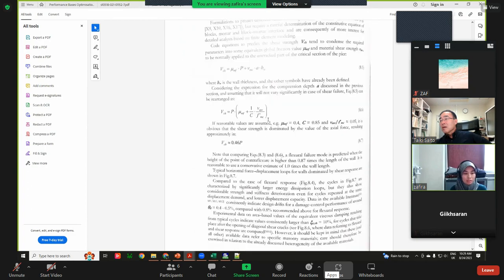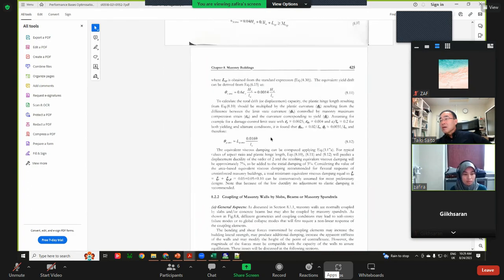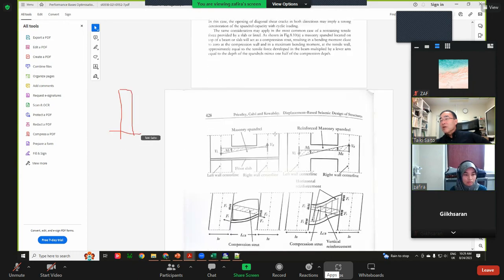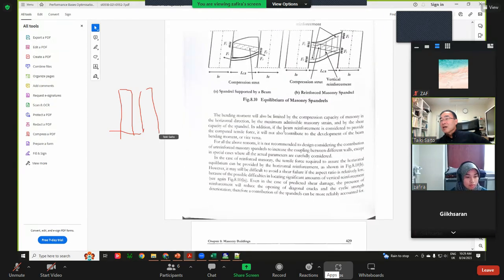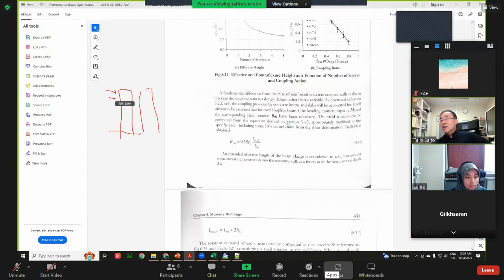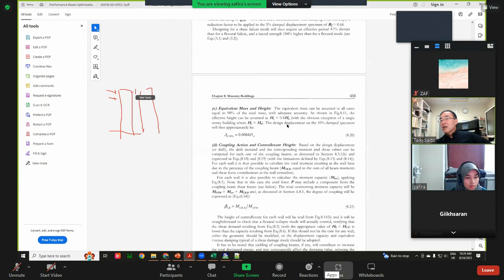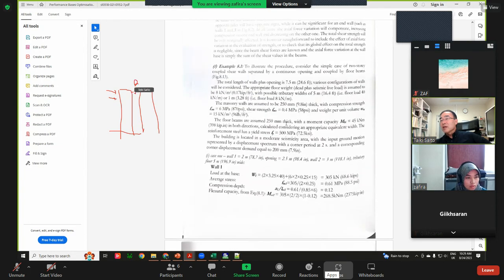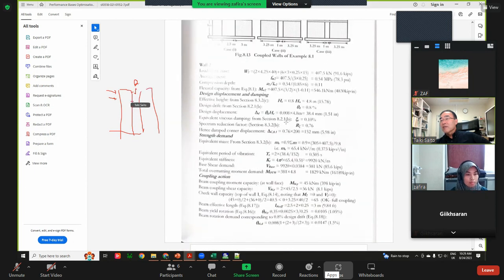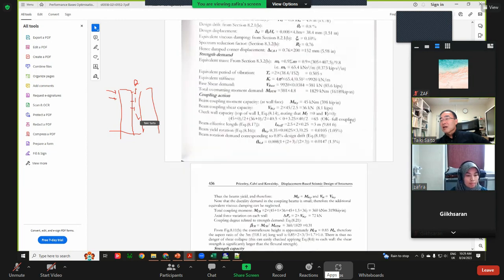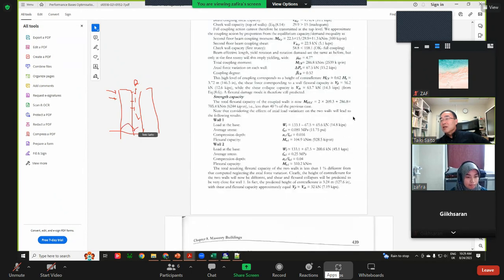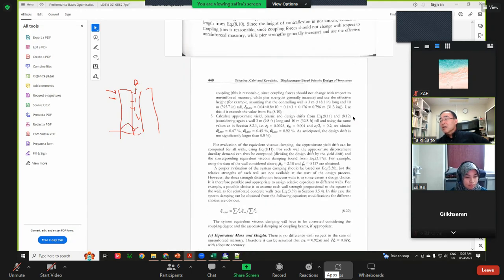If you apply horizontal force, in the coupling beam you use the capacity of the coupling beam, Q in each story, and you calculate the overturning moment and shear force.